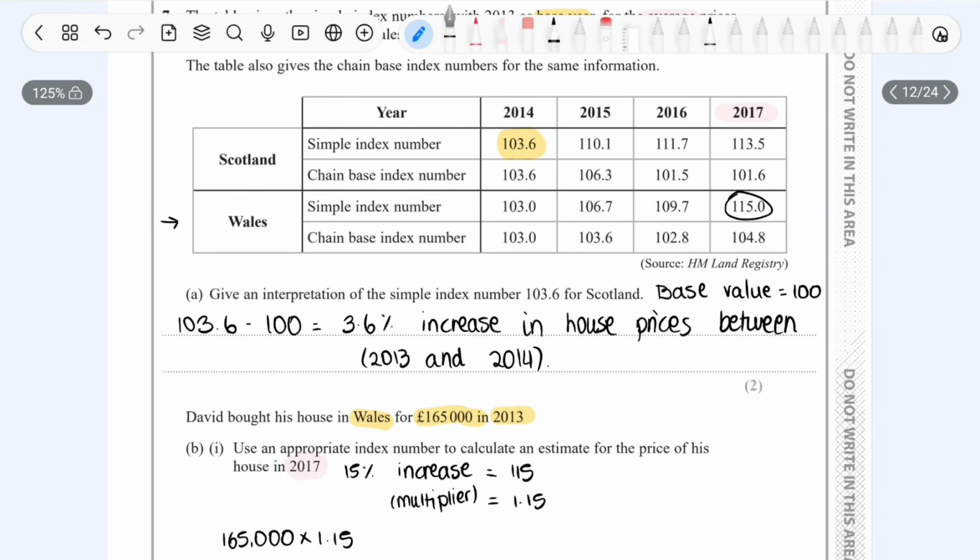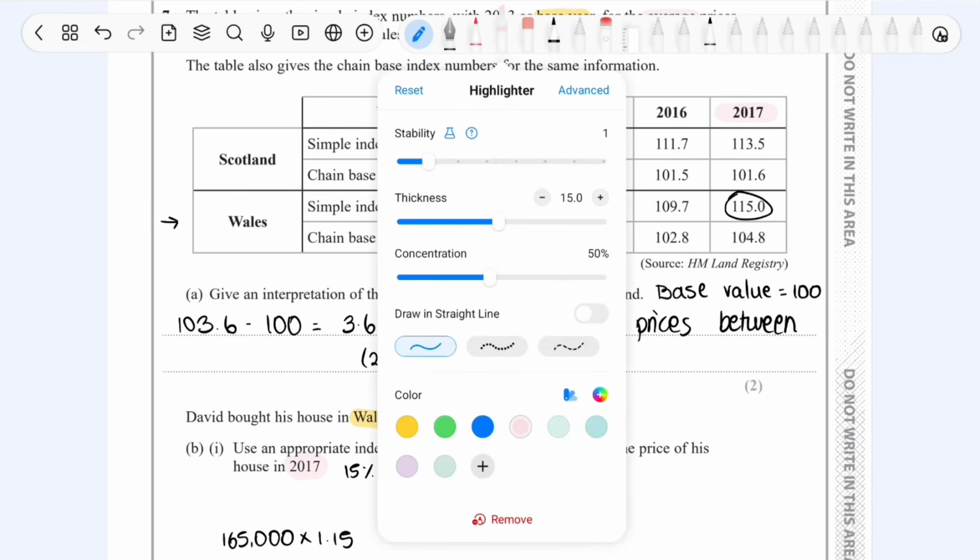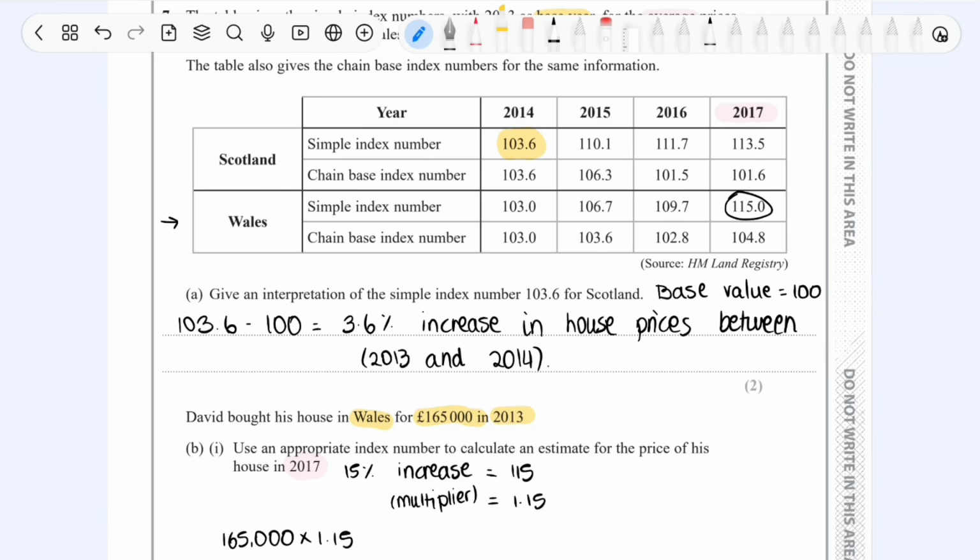Here's another piece of information: the chain-based index number, in this scenario or in every scenario, is where you use the previous index number in your calculation. So these ones are the ones that we're interested in. In this context, the chain-based index number represents the direct increase in house prices from the previous year.